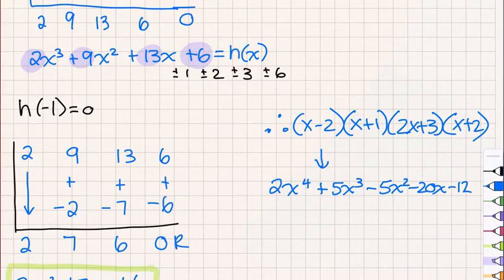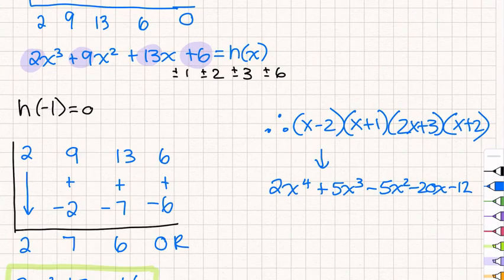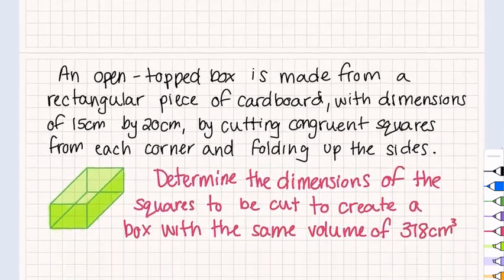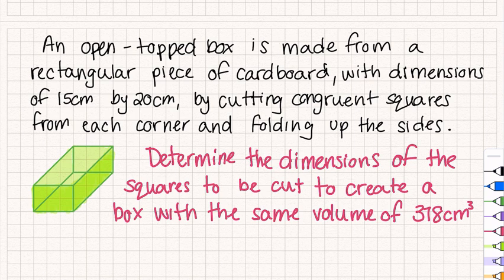Okay, so we are going to work on a word problem. So we have an open-topped box. So that means that if you look at this rectangular prism, there's no top to this box here. There's no top here. It's open. So we have an open-top box.